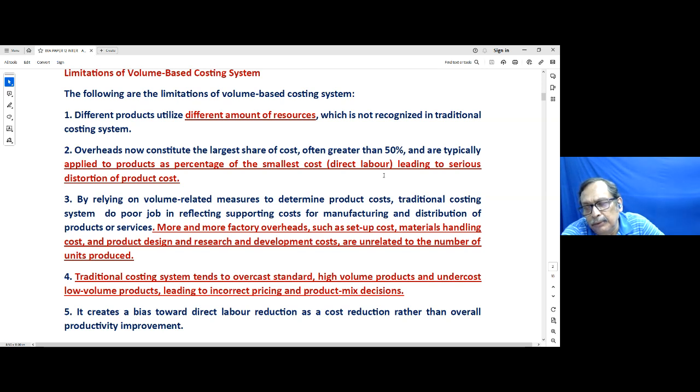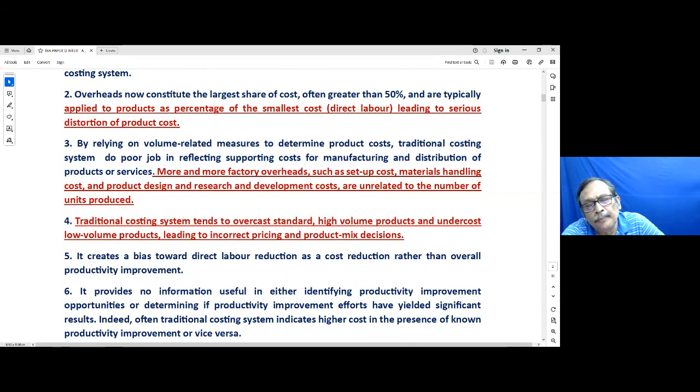Hence if we are going to use the absorption of overhead on the basis of direct labor hour, then the first item, which is going to be priced at a higher price, will be considered lower cost. Whereas the other two products will consume more cost, and there will be over costing of B and C and under costing of product A. So that is the main fallacy.